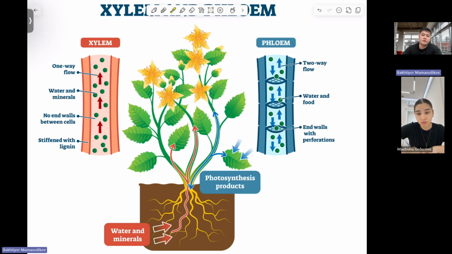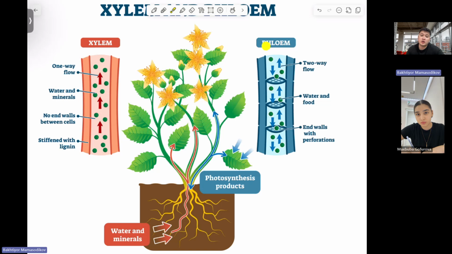First of all, how things get transported. Water and minerals are transported through the plant tissue called the xylem. Other things, for example glucose, sucrose, and other nutrients synthesized through photosynthesis, travel through the phloem.